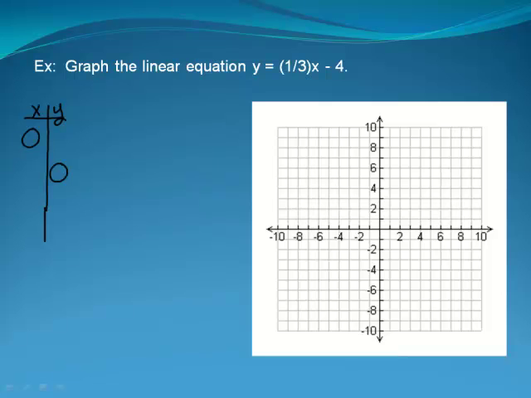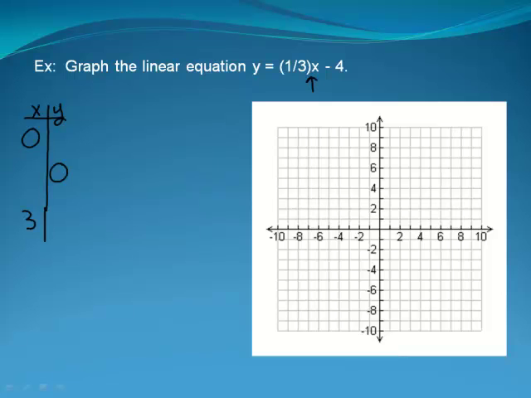And I'm going to choose another x value, because if I choose an x value, then I just have to do the math on the right-hand side and I'll have y. I won't have to move anything around to solve for y. So I'm going to choose 3, because I can see that choosing 3 will cancel my denominator out and I won't have to deal with fractions anymore.